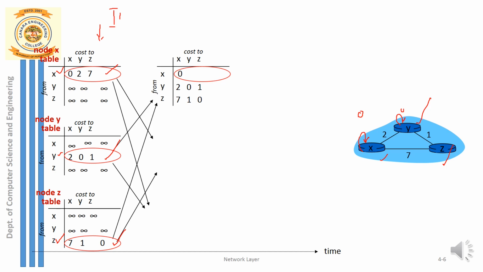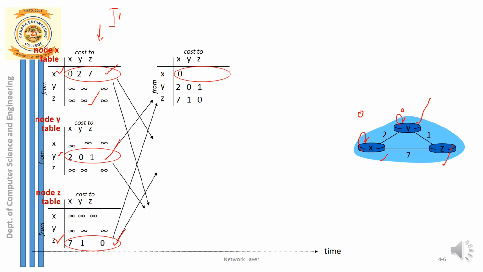One more initialization is the distance from a node to a faraway node, that is, from a node to a non-neighboring node, which is considered as infinity. So you initialize the distance to a non-neighboring node to infinity. You can see the initialization of node x in iteration 1.